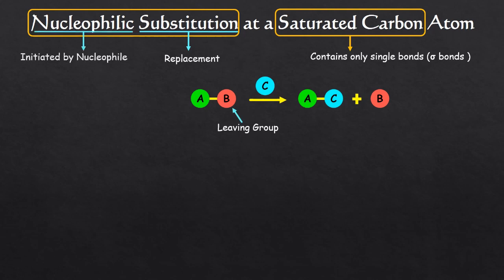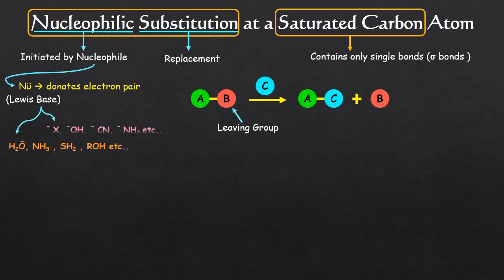Now nucleophilic substitution means the substitution initiated by nucleophile that will donate a pair of electrons to make a new bond. So by definition, nucleophile is actually a Lewis base that donates an electron pair. So it must contain at least one unshared pair of electrons. It can be a neutral molecule or a negatively charged species.